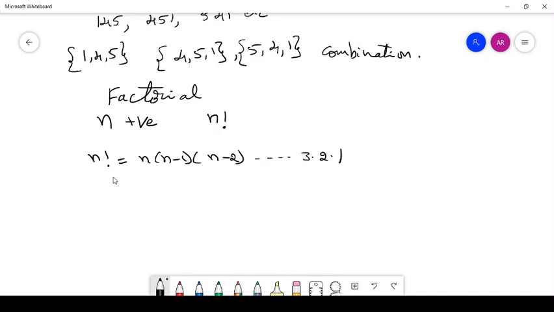That means the factorial of a number is the product of that number and all the numbers below it up to 1. This is also equal to 1 into 2 into 3 up to n minus 1 into n.